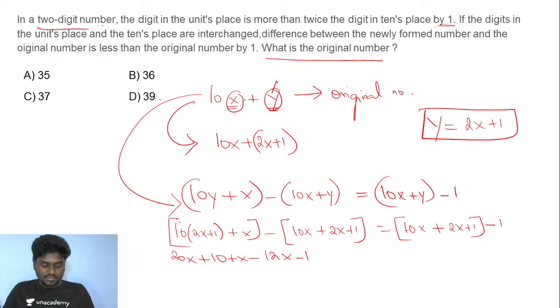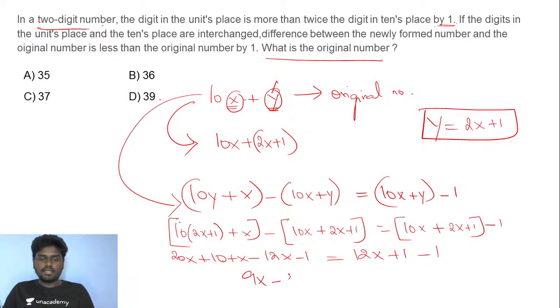And if I bring this, which is equal to 10x plus 2x, 10x plus 2x is ultimately 12x. Right. So fine, what will you be getting here? 20x plus x, if you go, this will be 9x.